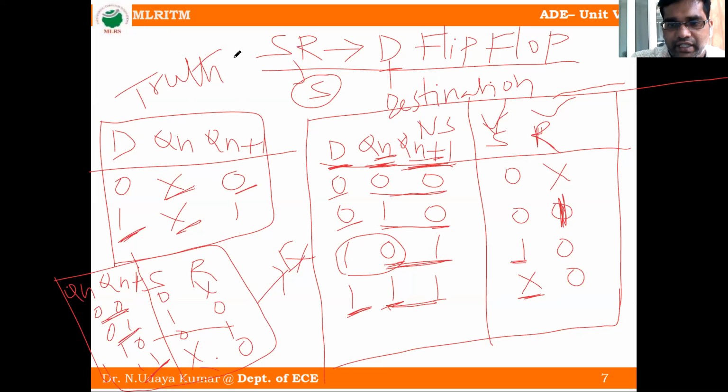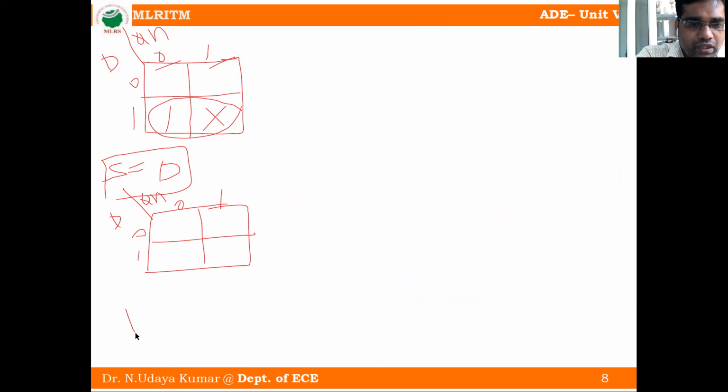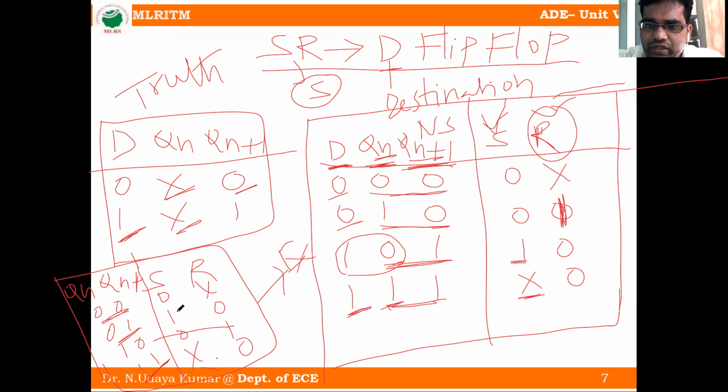Similarly, we will find the expression for R here. So this is the K-map. This one is D and Qn, 0, 1, 0, 1. So first one is don't care.